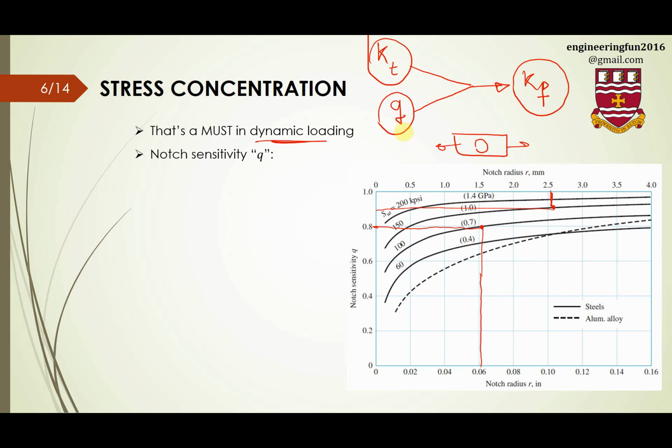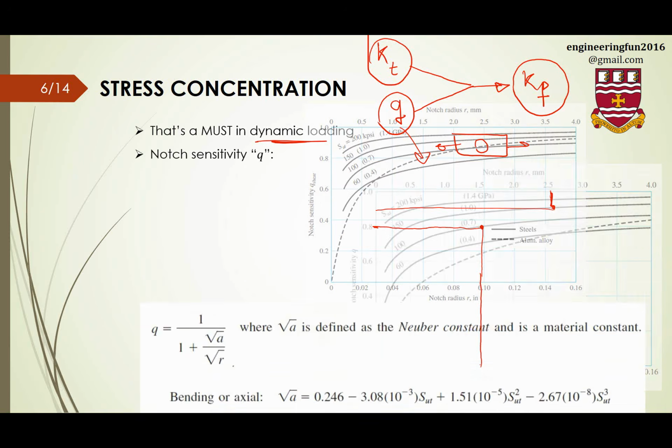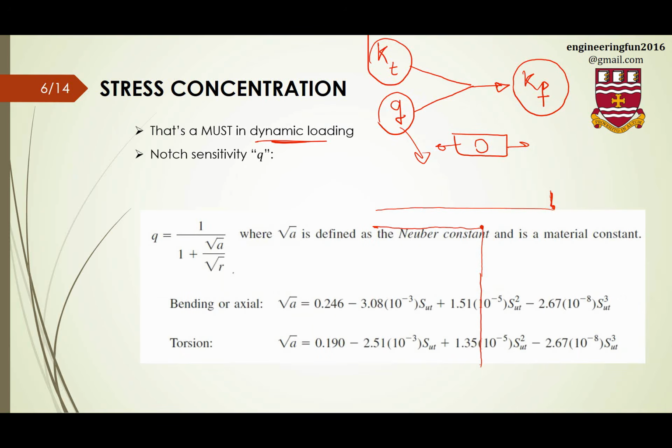So one way to find Q is from the graph, and this dash line is for aluminum alloys. For steels, we use the solid lines. There are two graphs for that. One of them is for axial loading that we discussed, and the other one is for shear. It depends on what type of loading we have.